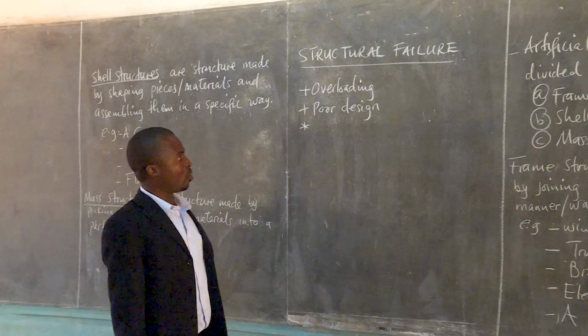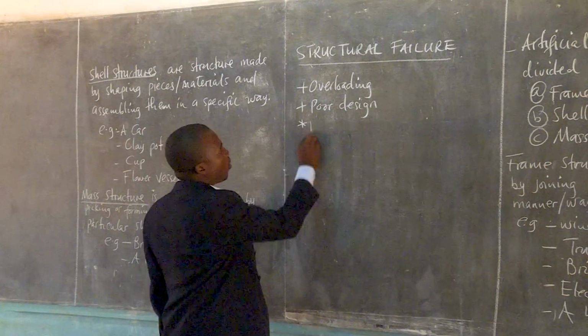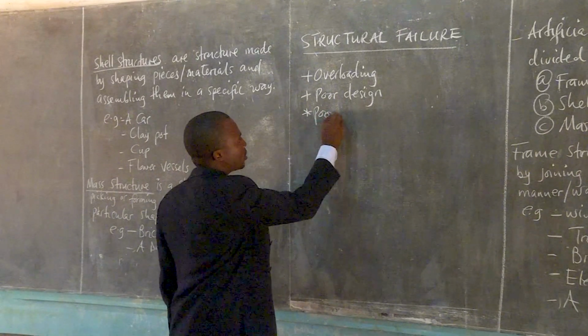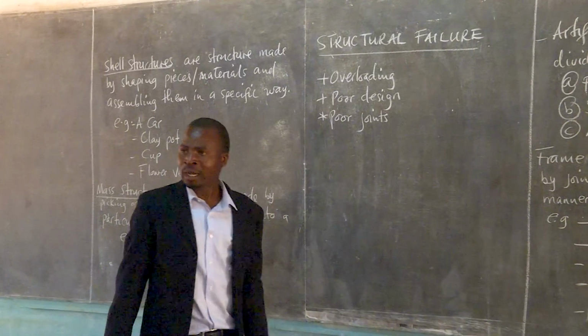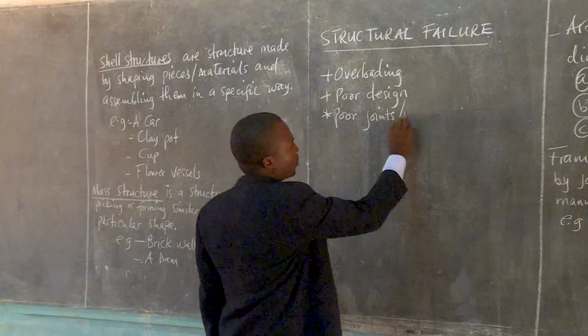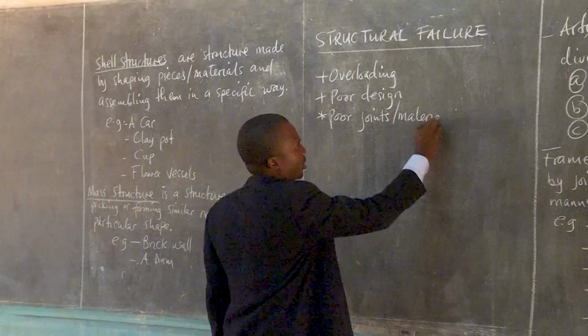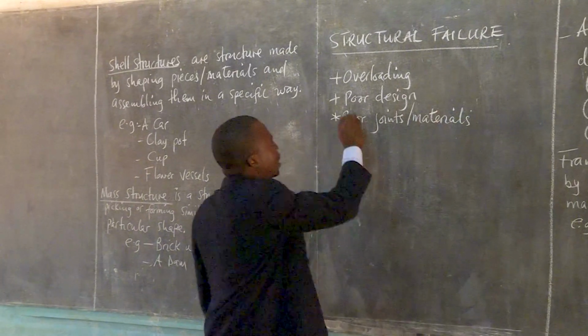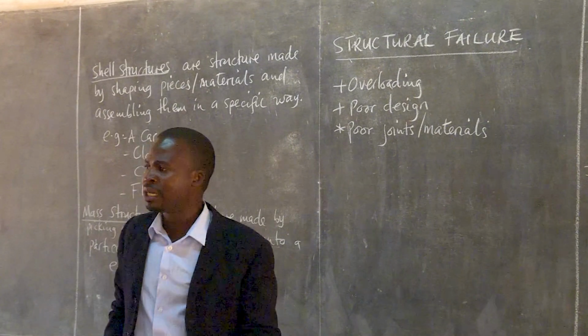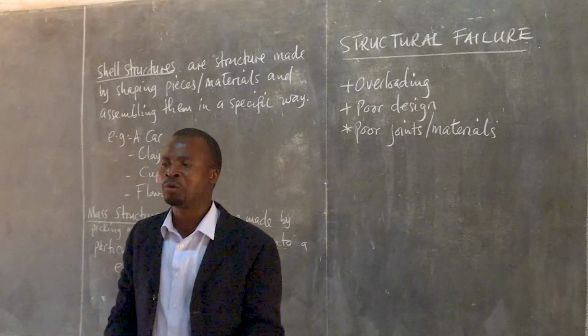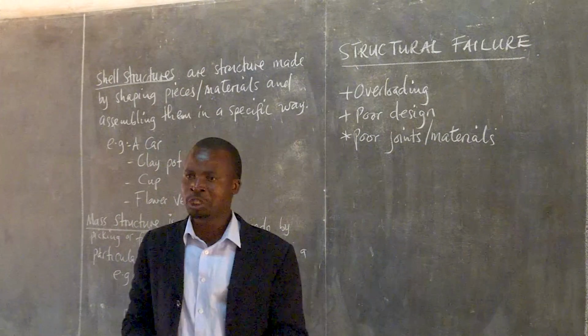A structure can also fail due to poor joints or materials. So these are the factors that make a structure fail to function.